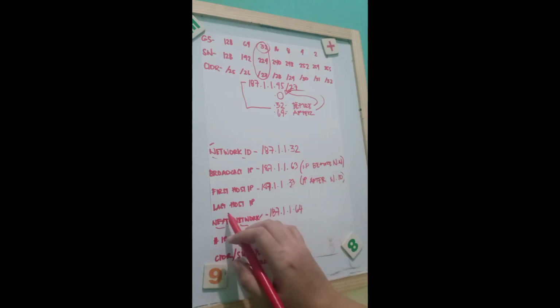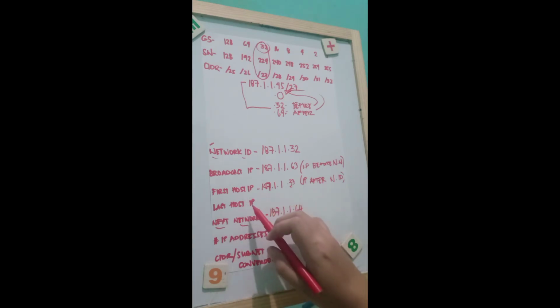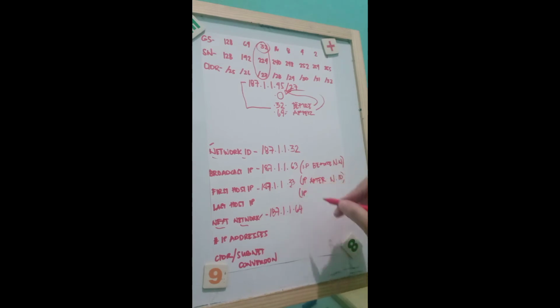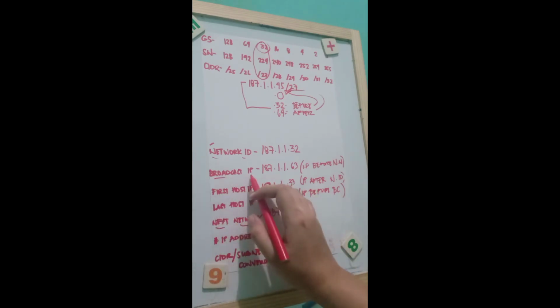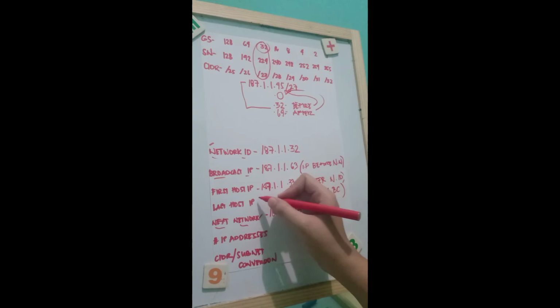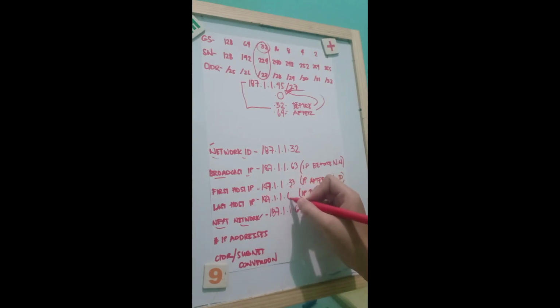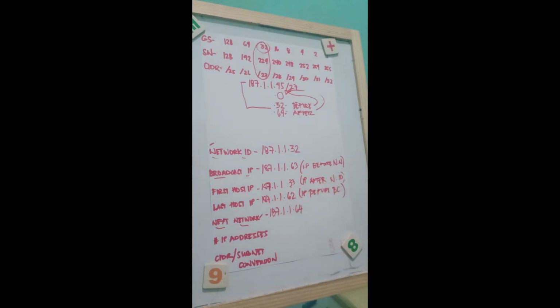Next we have the last host IP. Our last host IP is the IP before the broadcast. Here is our broadcast IP, 63. The IP before 63 is 187.1.1.62. Alright, there you go.